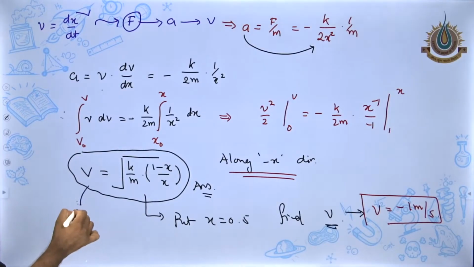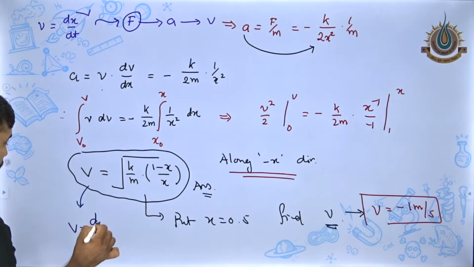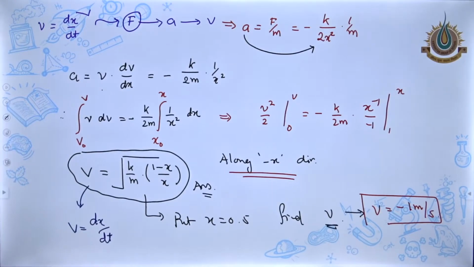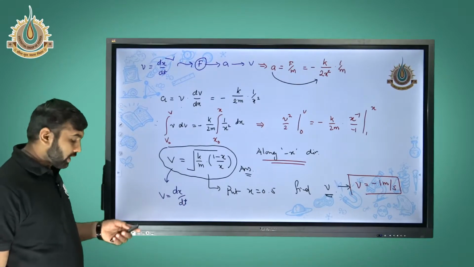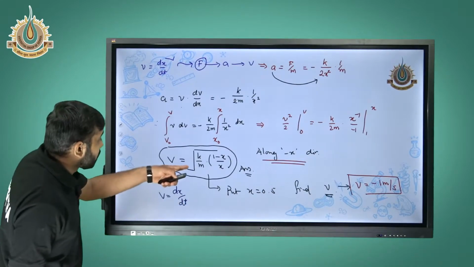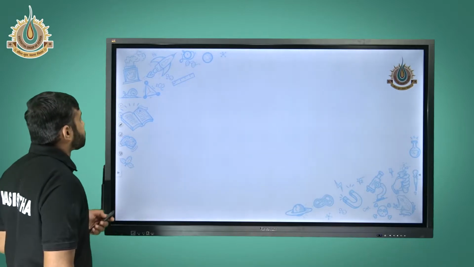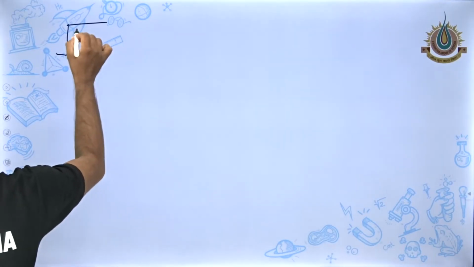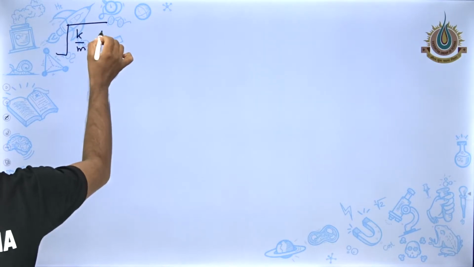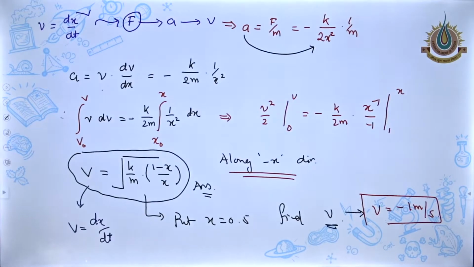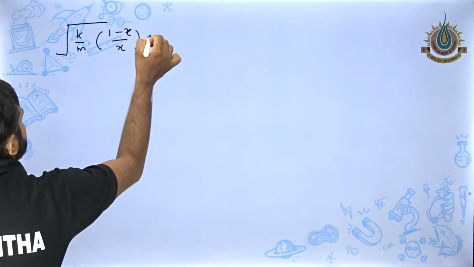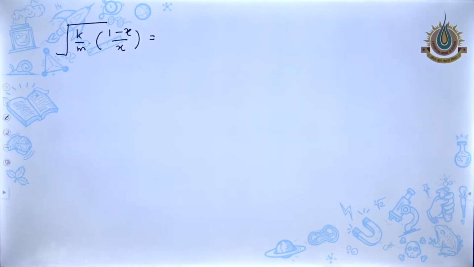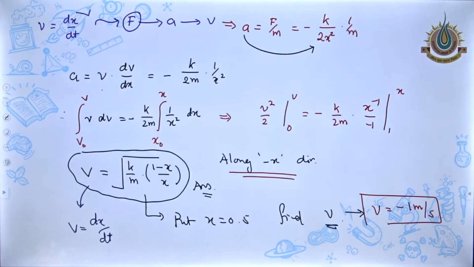So what is v? v is equal to dx by dt. You take the dt terms on one side. So finally, root k by m into 1 minus x upon x is the velocity, and velocity is equal to dx by dt.